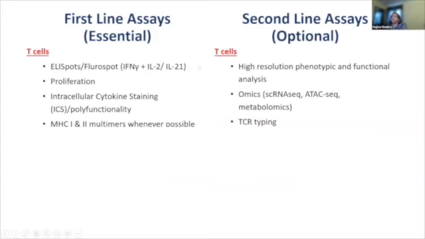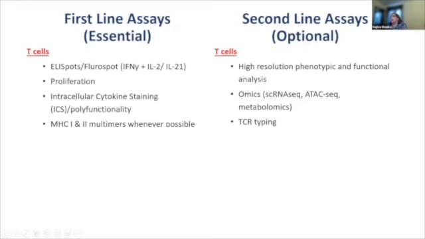In the context of T cells, we really need to look at the frequency of cells that respond to hepatitis C antigen producing interferon gamma, IL-2, and IL-21 through ELISpots and FluoroSpots. We need to do proliferation assays. We need to understand the polyfunctionality of the cells, what cytokines they produce, and whenever possible, to use MHC class 1 and 2 multimers that allow us to visualize these cells and characterize them better.